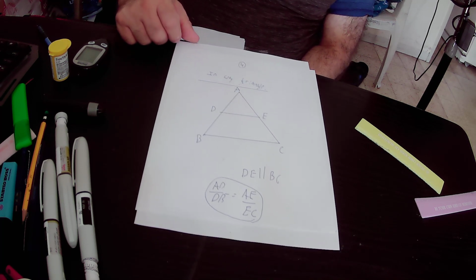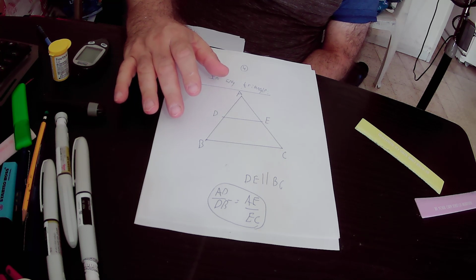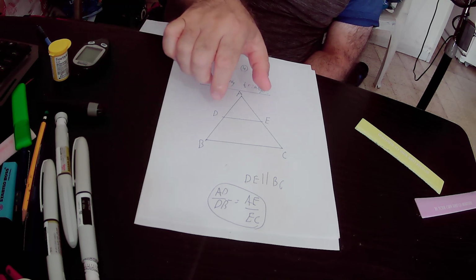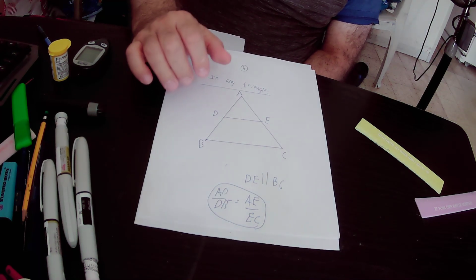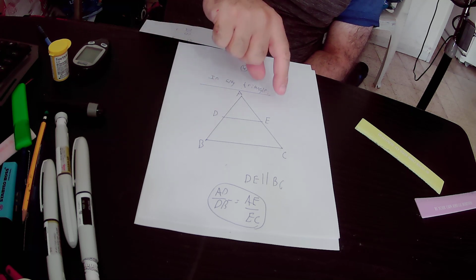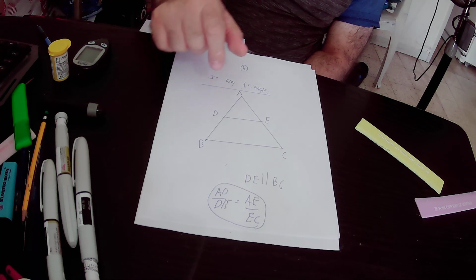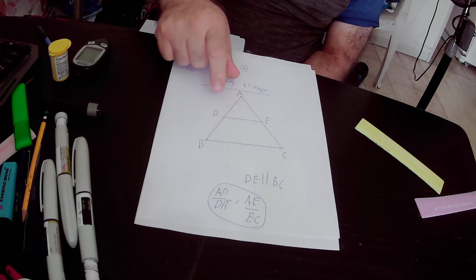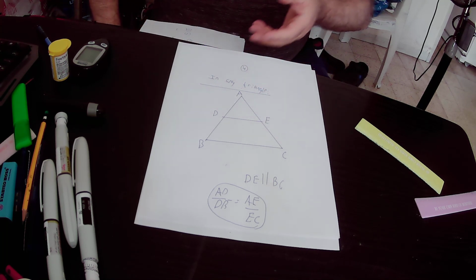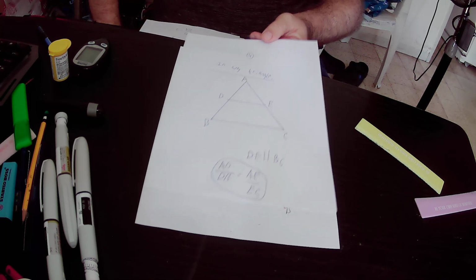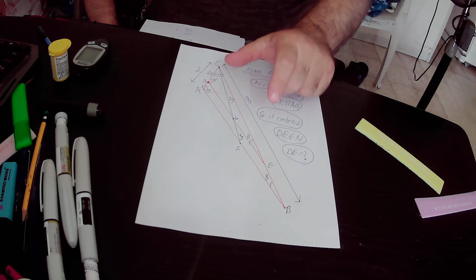The rule states that if in triangle ABC, which could be any triangle, we know that DE is parallel to BC, then AD over DB equals AE over EC. And again, we can implement this rule in our triangle.